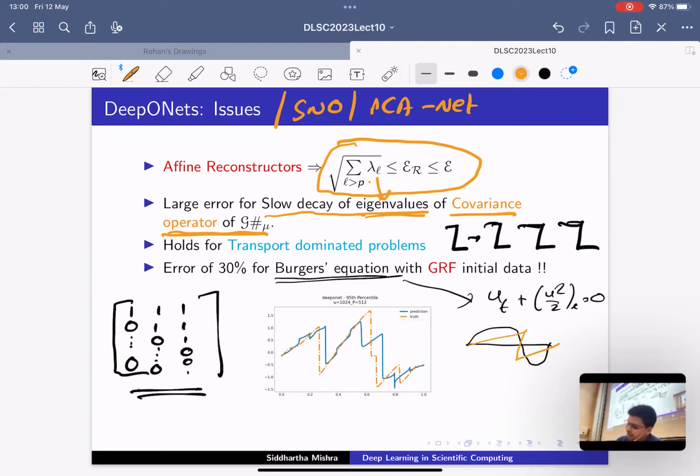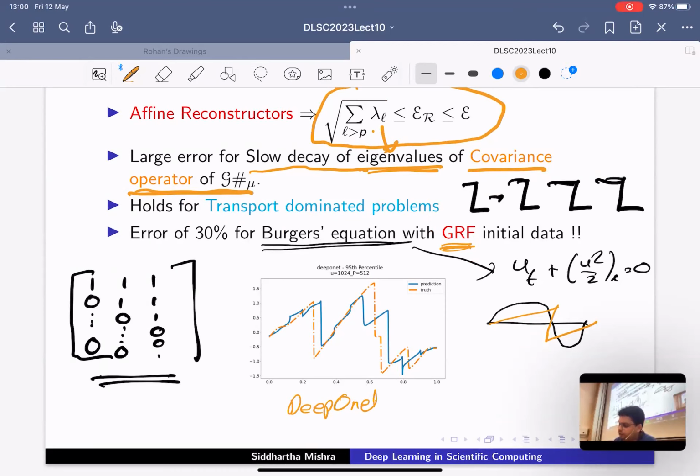So for instance, the ground truth here is in orange, and the prediction, well, it does predict that there are shock waves. So these are typically shock waves. It does predict that, but they are completely off in the location, in their amplitude, and so on. So actually, the error is at least 30%.